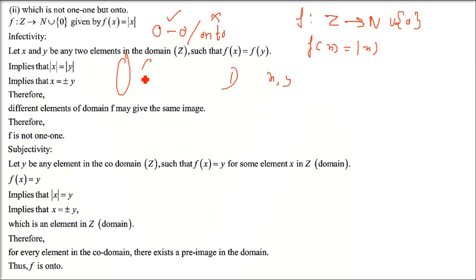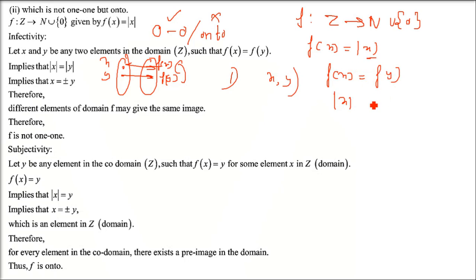So if x and y, you know how to do it now. For 1 to 1, if x and y are elements which have f(x) and f(y) as the images, then if f(x) is equal to f(y), x has to be equal to y. So f(x) is mod x, f(y) is mod y.